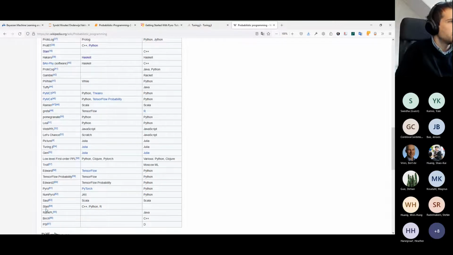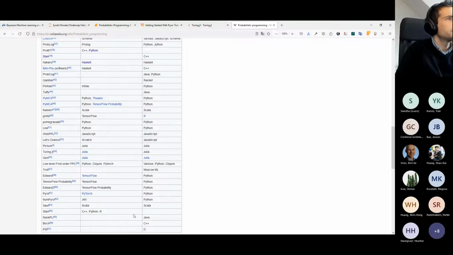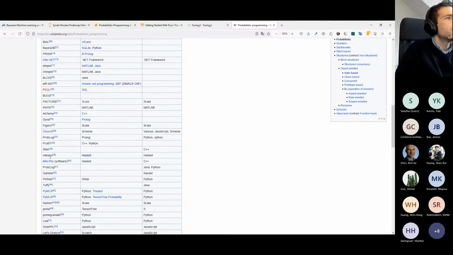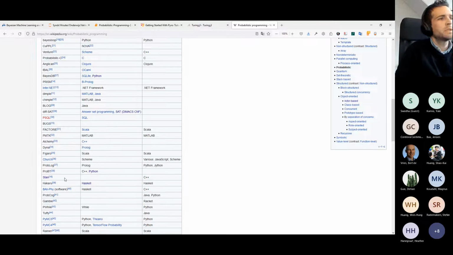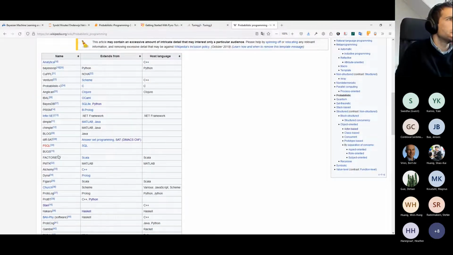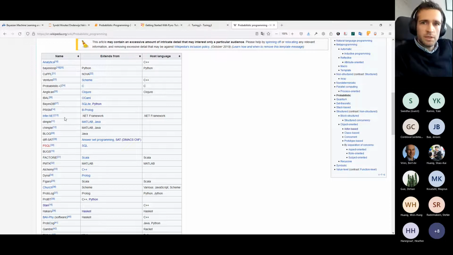Pyro I've just shown you, Stan I've shown you, Birch is for C++. Church is a really famous one, one of the first ones. If you're interested in programming languages and the development of probabilistic programming languages, there's a really rich history of people, 50 years ago already, saying we should develop a way to easily specify probabilistic models and automatically infer stuff in them.